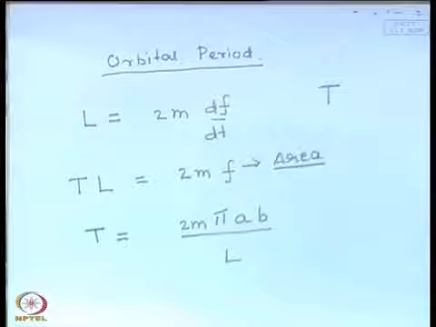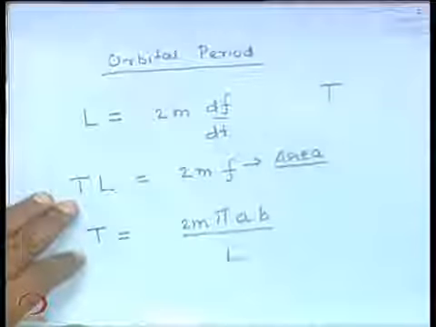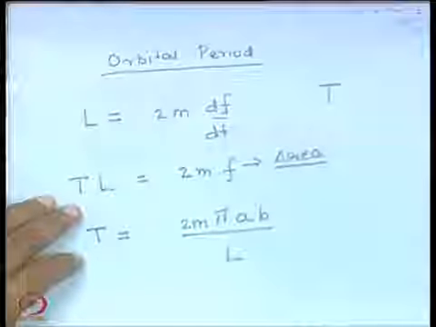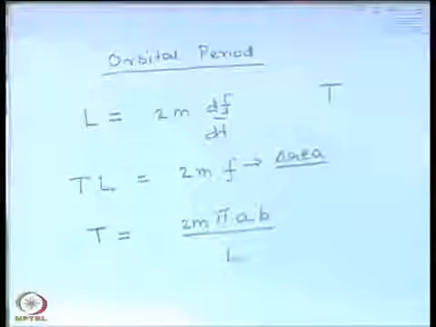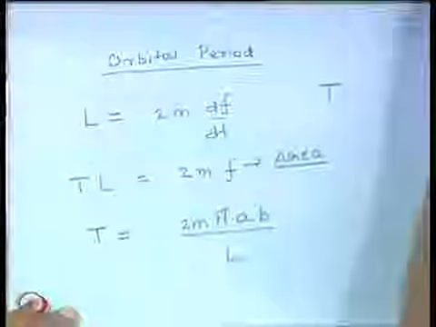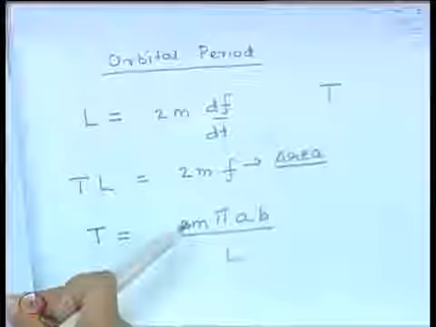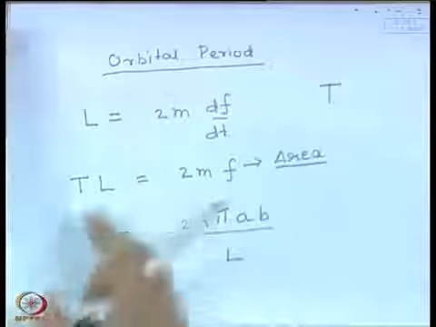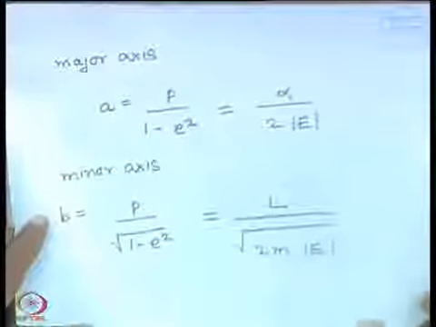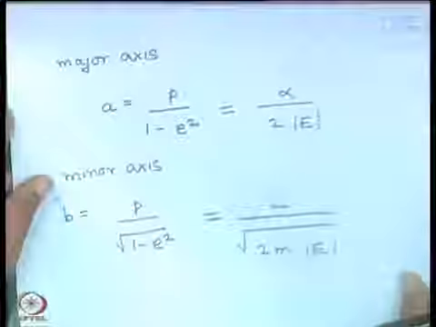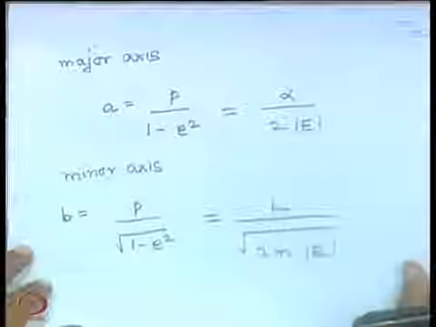It is 2 pi m A B by L, and we can substitute the values of A and B, and we can determine what this is going to be. So, let us do that. Let us substitute the values of A and B into this. We will substitute these over here and work out what the orbital period is, right.